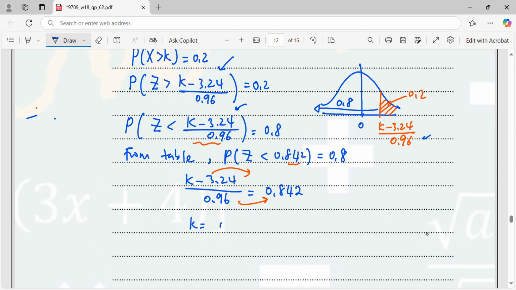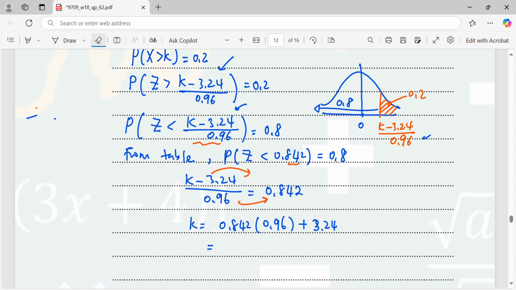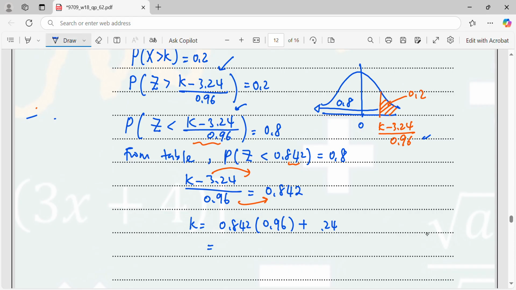So here I will write 0.842 times 0.96 plus 3.24. Then now here you will be getting 4.04832, and at last when you round up to three significant figures, that is 4.05.